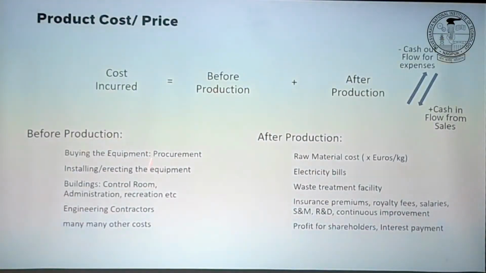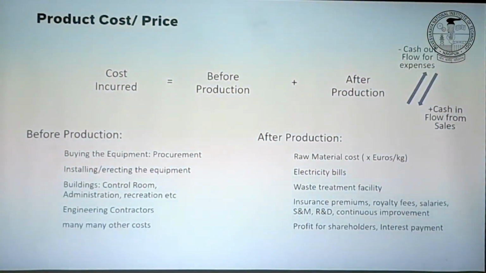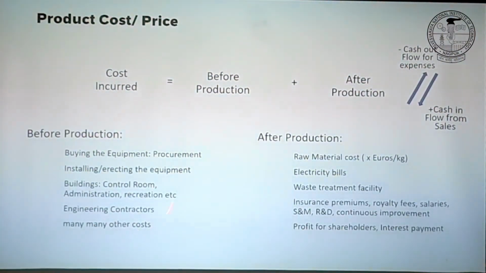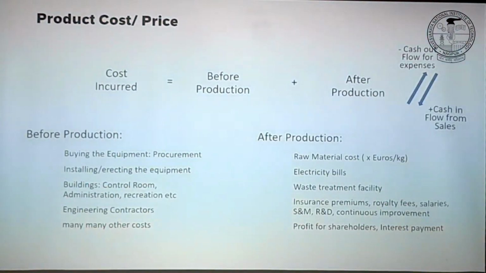So let's categorize the total costs before and after production. Before production means all the costs you have to pay before you start production, and the ones after it. So basically for your capex, buying your equipment, and once you bought it, you also have to install it.